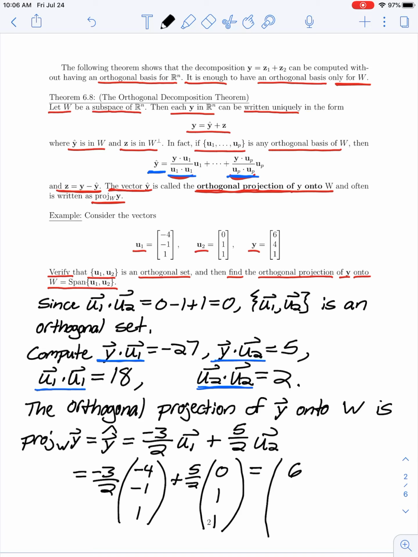Our second component, we have 3 halves plus 5 halves, so that is 8 halves, or 4. And then for our third component, we have negative 3 halves plus 5 halves, which is 2 halves, or 1. So this would be the orthogonal projection of y onto the indicated subspace.